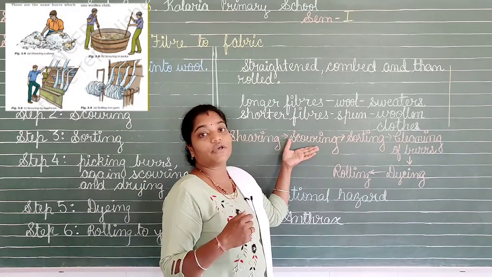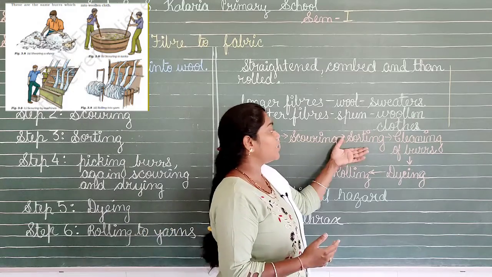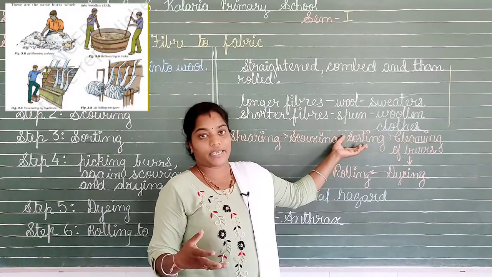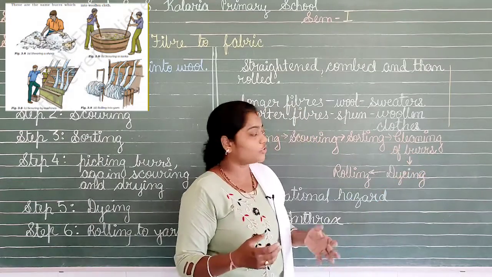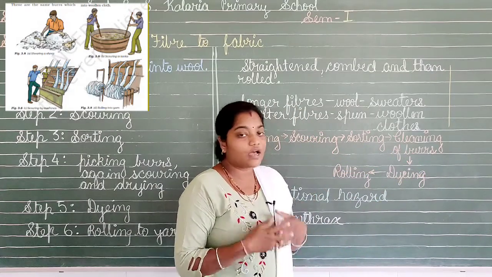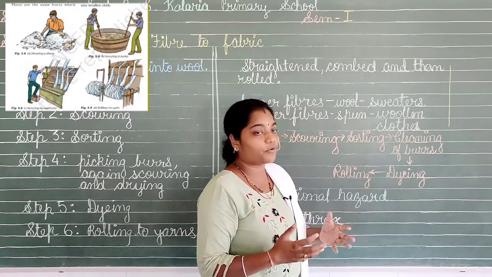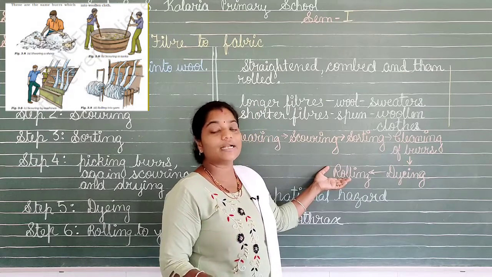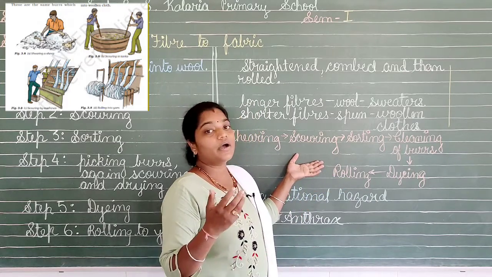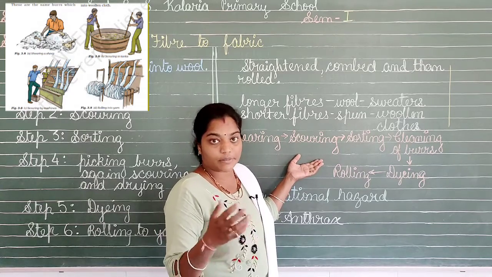Then we have scouring, where the hair obtained from the sheep is washed. Then sorting of the hair. Then cleaning of the burrs, whatever burrs are present, we need to clean them clearly. Then dyeing, that is the coloring, is done, and then rolling into yarn. So we will now have the wool ready as fiber, and it can be treated for further purposes.